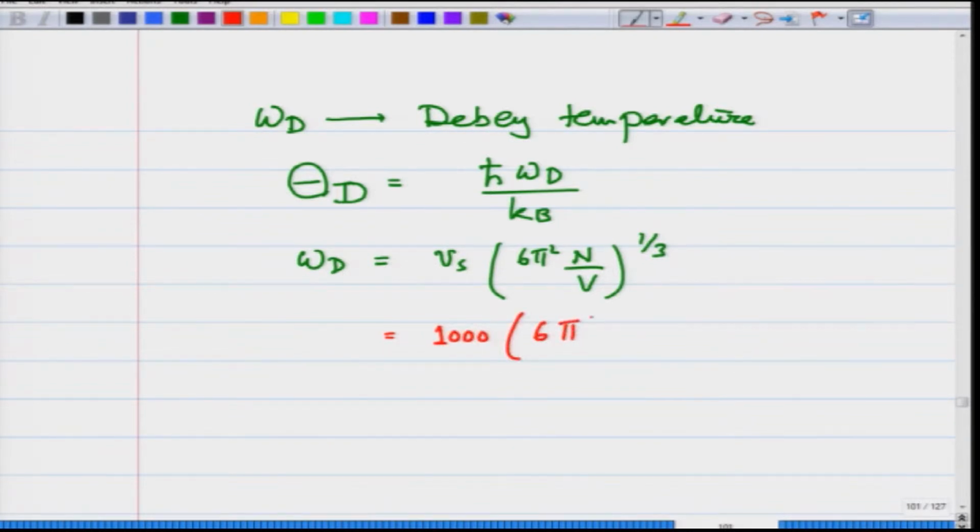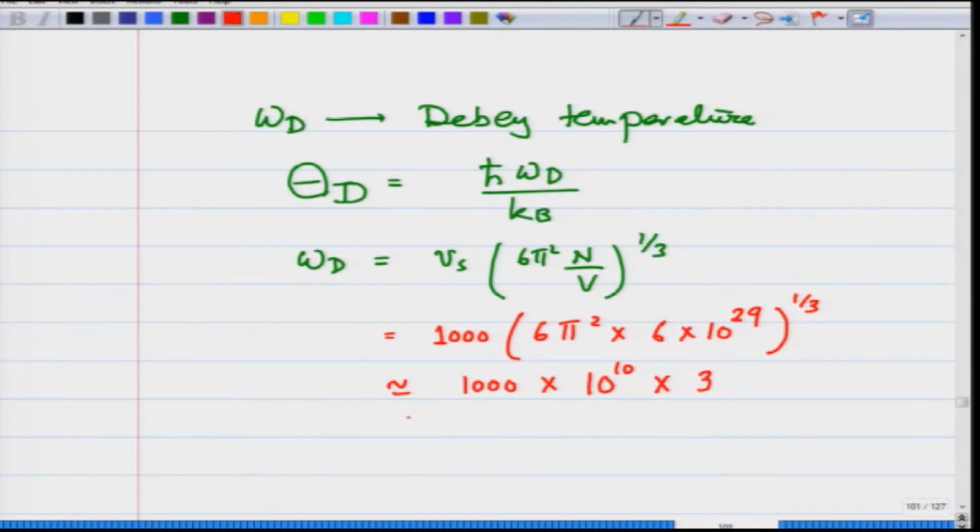6π² times N over V, N is Avogadro number, but I want to write in the units per meter cubed. So, it is going to be 6 times 10 raised to 29 raised to 1/3, roughly equal to 1000 times, π² is roughly 10. So, 10 times 10 raised to 29 gives me 10 raised to 30. So, that is going to be 10 raised to 10 and 6 times 6 is 36. 1/3 of 36 is roughly 3.